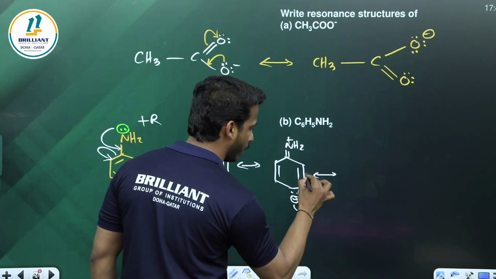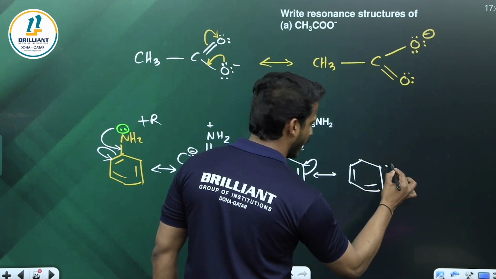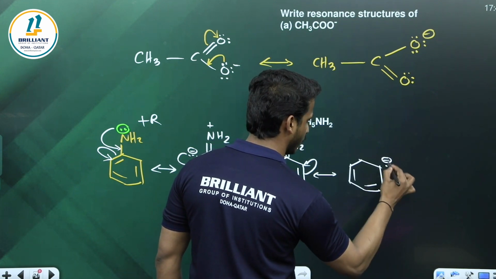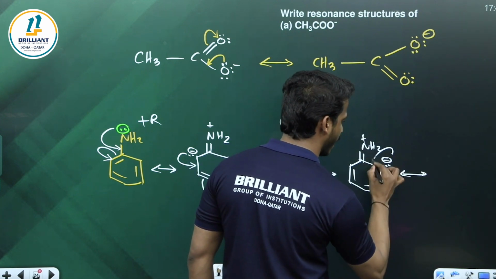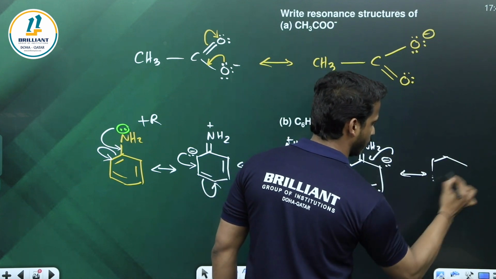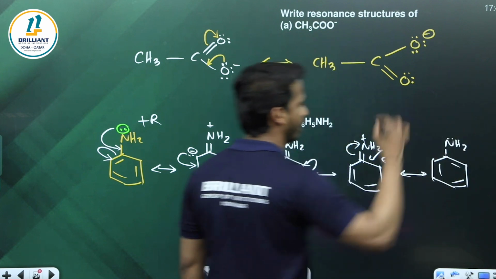Next, lone pair becomes bond, bond becomes lone pair, we get a double bond on this side and the negative charge is here and NH2 here, and in the final structure the lone pair goes back to the nitrogen. So here the double bond, NH2, lone pair.